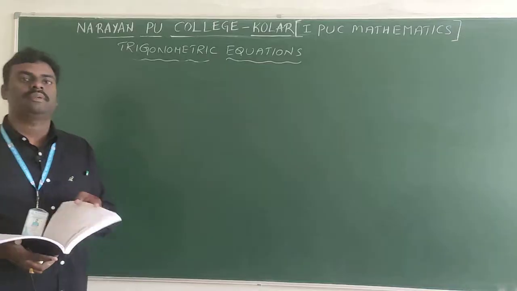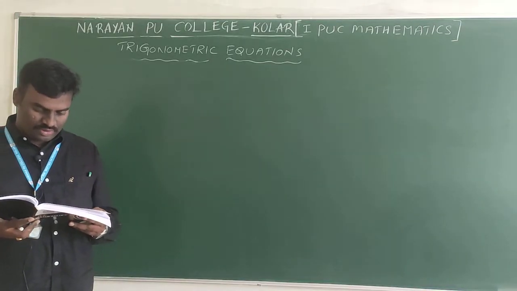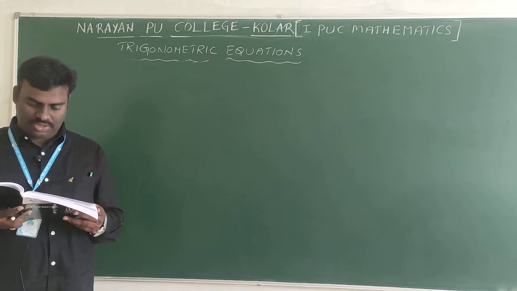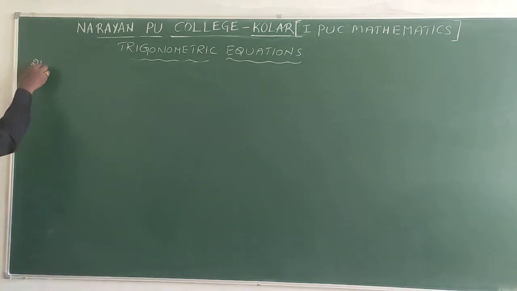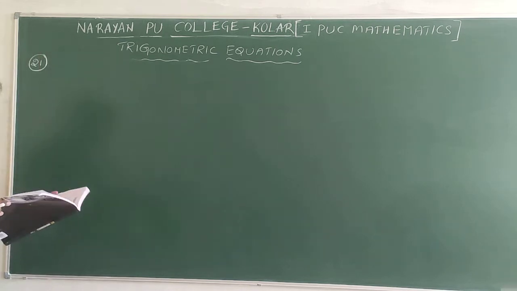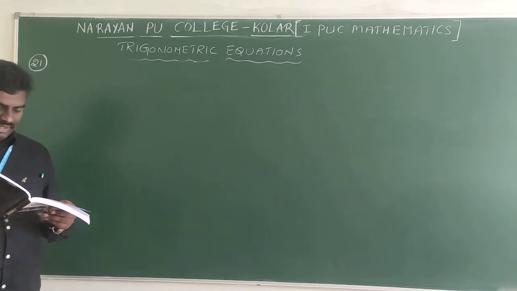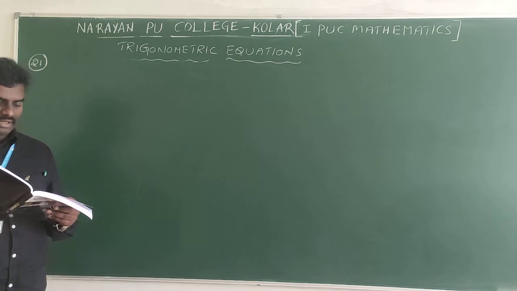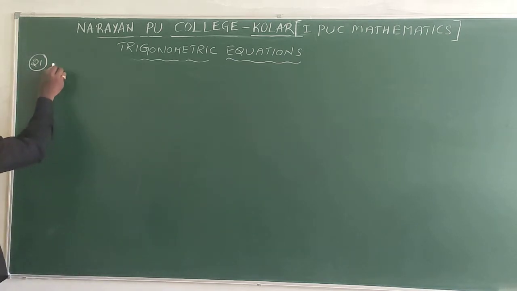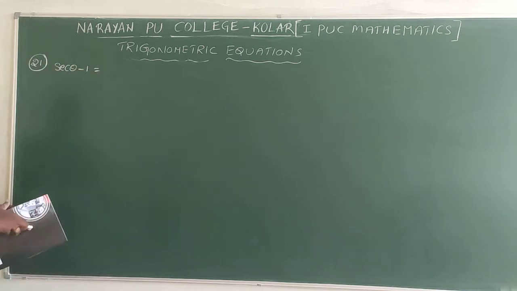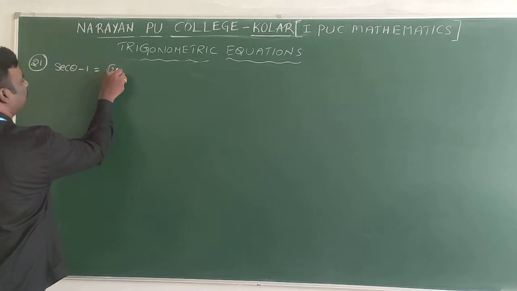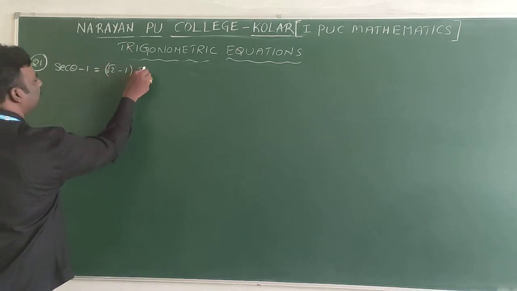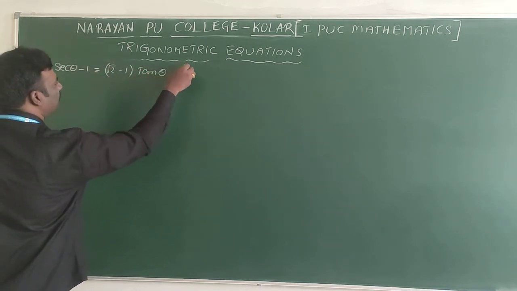Okay. Next, we will discuss question number 21. In question number 21, they have given secant theta minus 1 is equal to root 2 minus 1 tan theta.